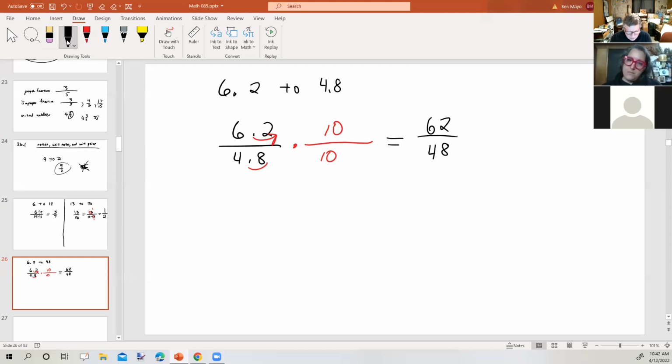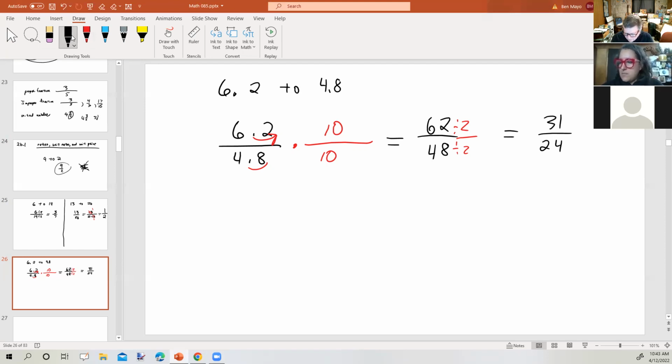I'm not done though. So I've written it as a fraction. I've gotten rid of the decimals, but I need to simplify it further. Again, do not write it as a mixed number. Can I reduce this thing? Well, let's see. For starters, both 62 and 48 are even. So let's divide both the top and the bottom by 2, which gives me 31 over 24.